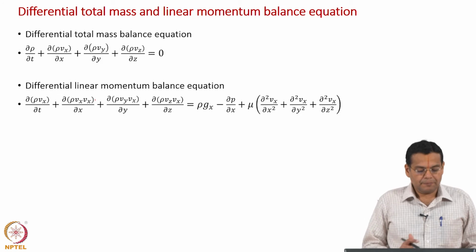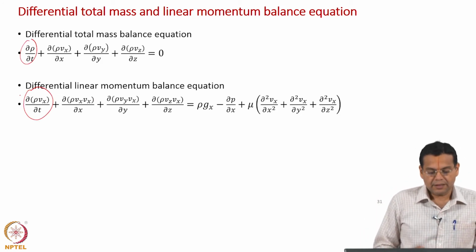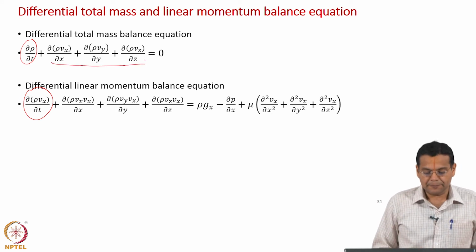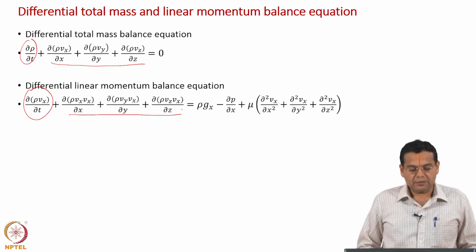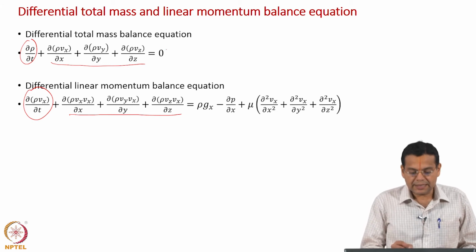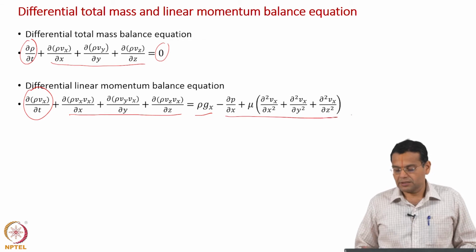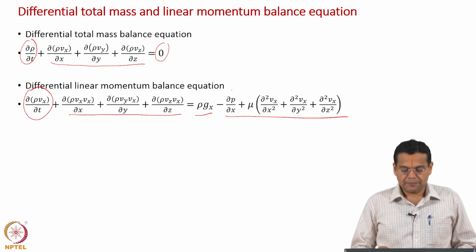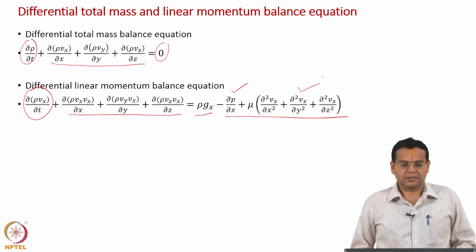So, to compare, we have the transient term here, here again we have the transient term, and we have here the convection term, here also we have the convection term. Of course, there the terms were for mass, here it is for momentum. Right hand side we had just 0 for the case of mass balance, but here we have all the forces, the body force and the surface forces. Surface force due to pressure and then viscous stresses, okay.